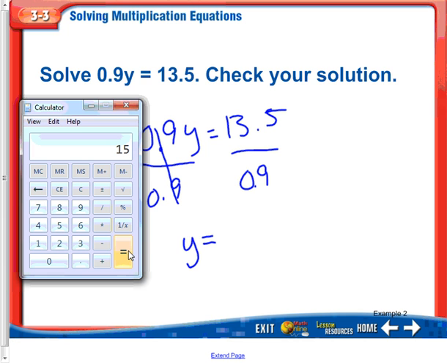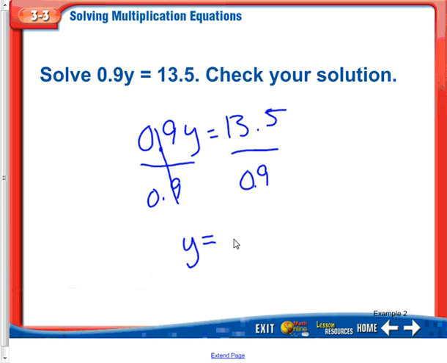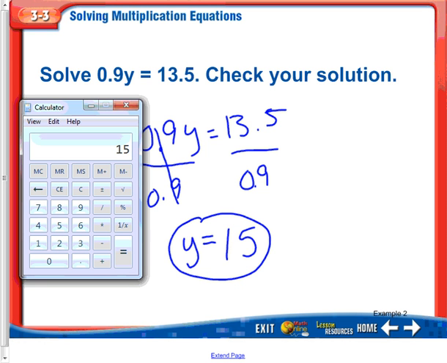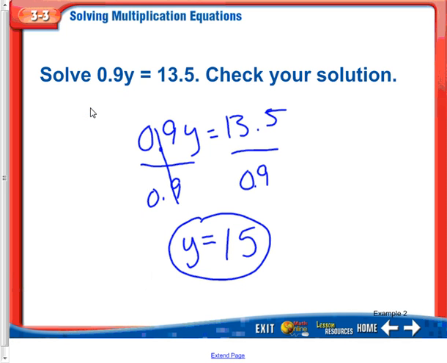And we get an exact answer of 15. Okay, so then we can check that with our calculators, and we can take 0.9 times 15, which is y, and we can say equals, and we do get 13.5, so it does work.